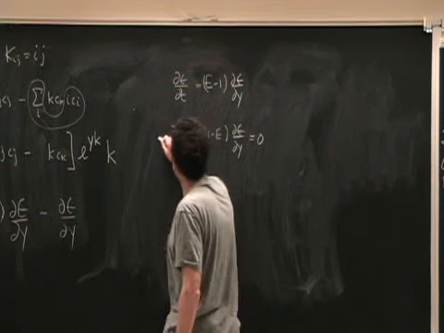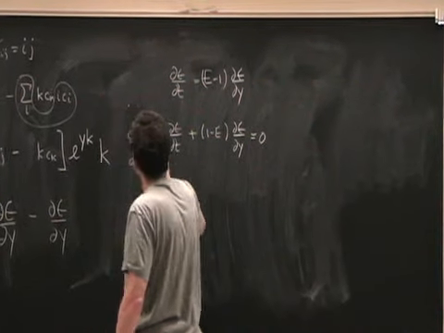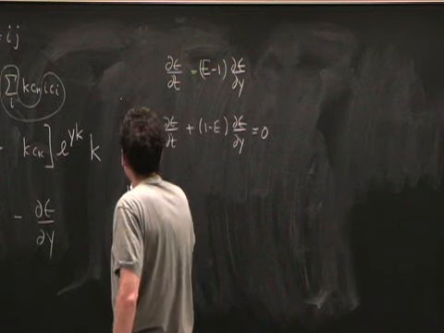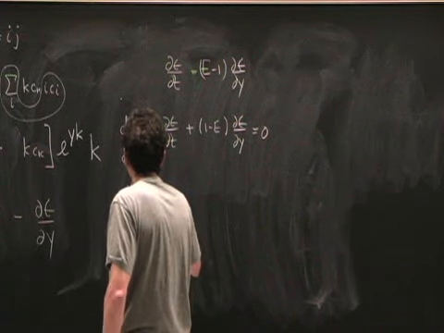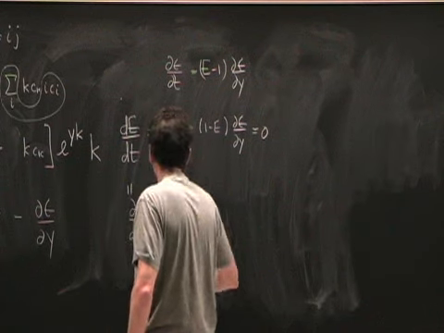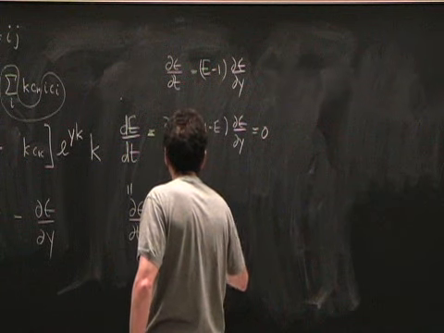And on this side, I'll write this as the total time derivative. What is the total time derivative? This is dE by dt plus dE by dy, dy by dt.